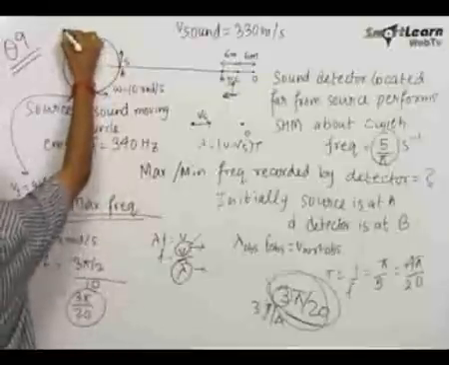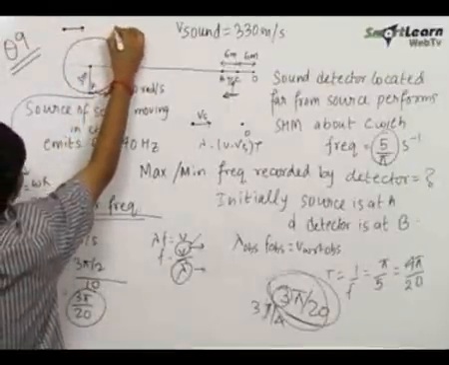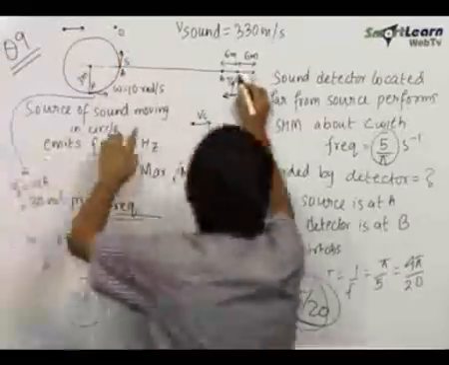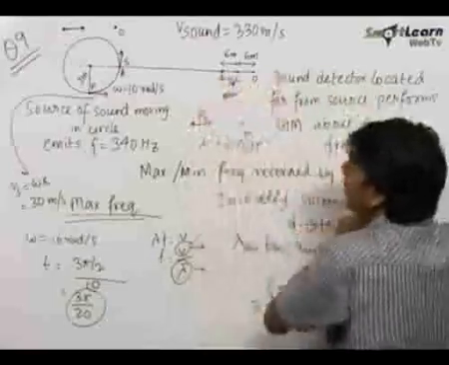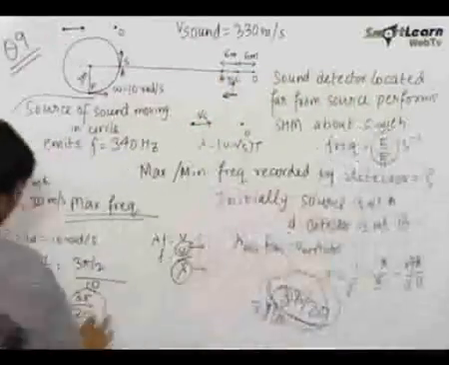Actually the velocity of sound source should be in the direction of the observer so as to minimize lambda, but since this is located very far away, this can be assumed to be a straight line.